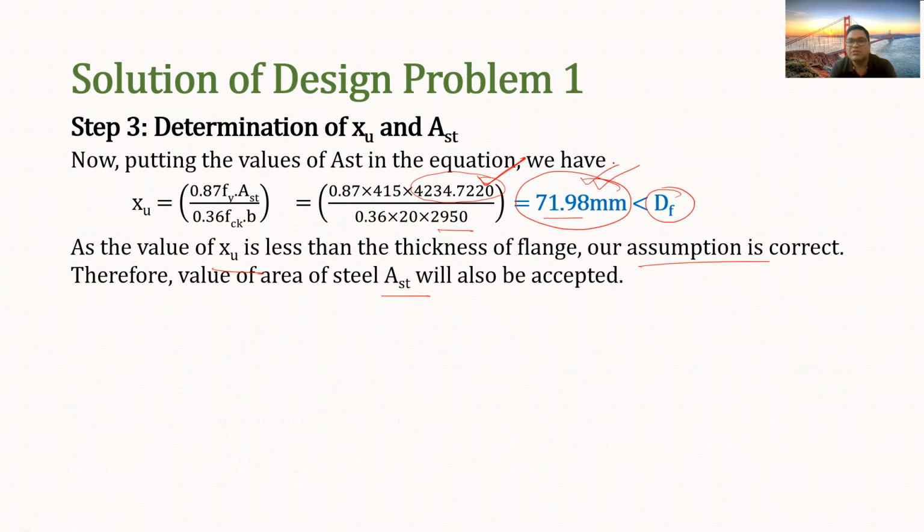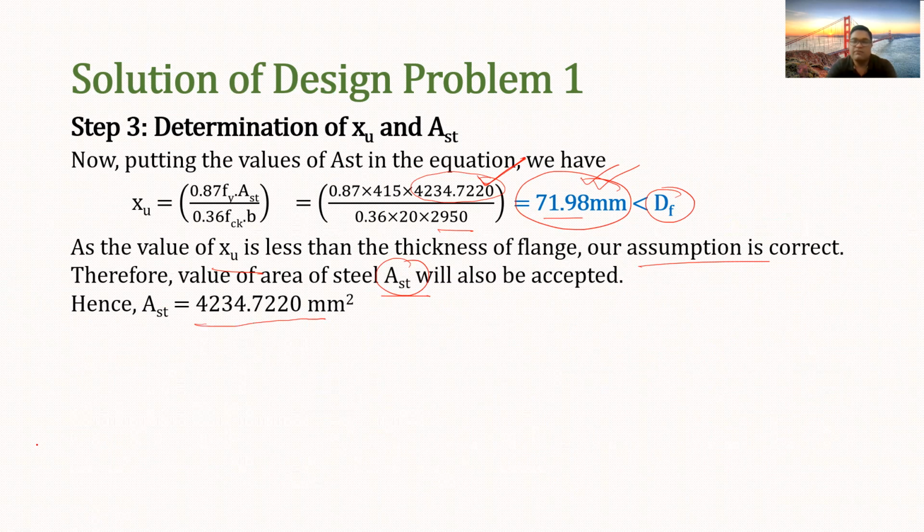If our assumption was not correct, in that case we would have to calculate AST again by considering case 3, either case 3A or 3B, depending on the DF by XU ratio. The area of steel which we have calculated is 4234.